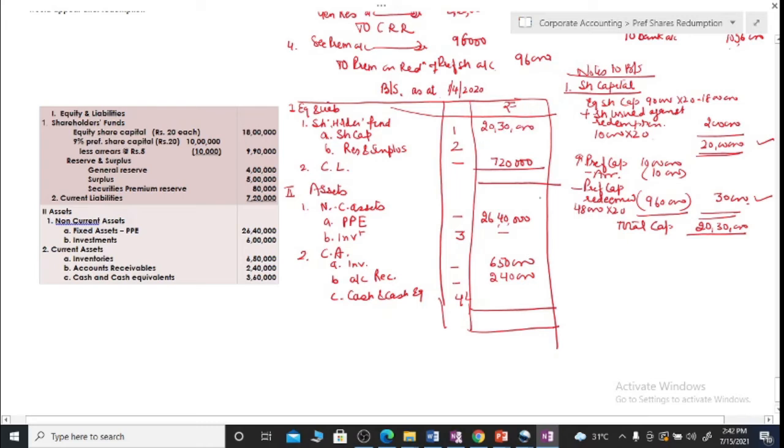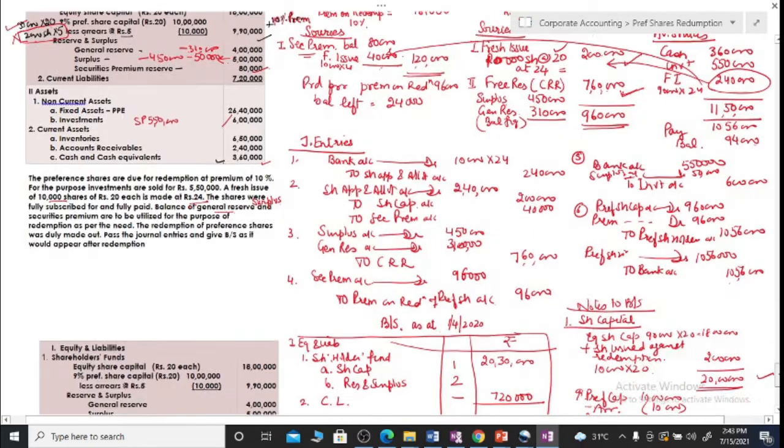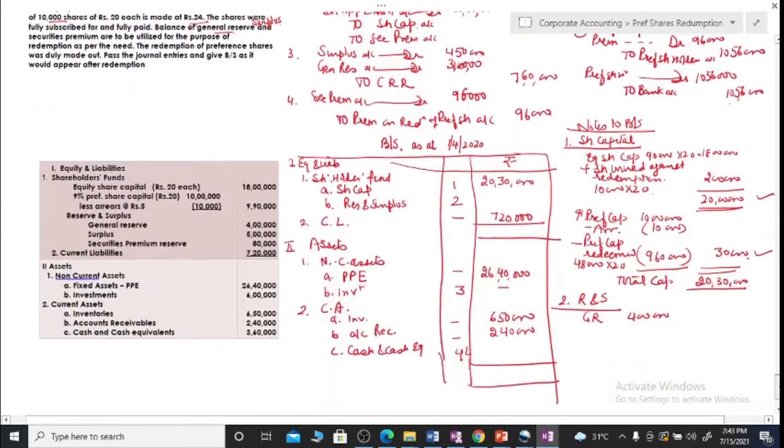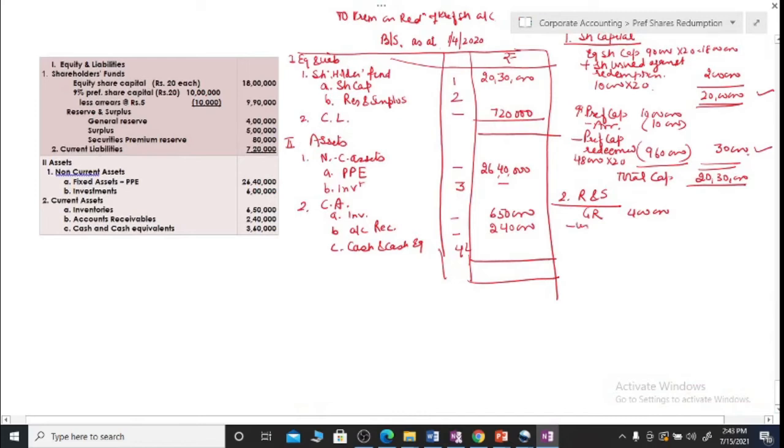Then you have reserve and surplus. Second note that we are to prepare is reserve and surplus. Now we can write up all the reserves one by one. We have general reserve of 4 lakh, but how much have we used? Out of general reserve, in case you remember, you utilized 3,10,000 for CRR, right? So 90,000.